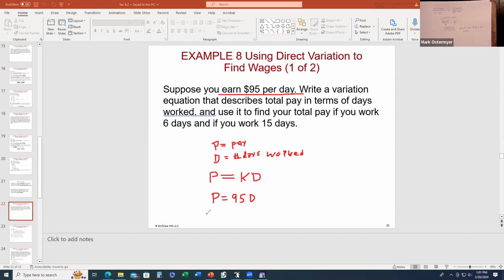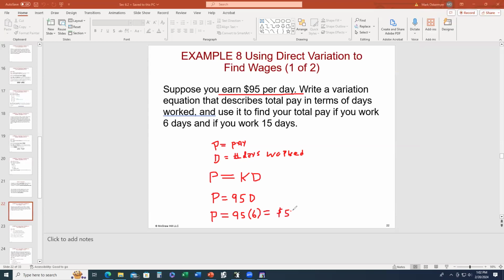Now we can answer these questions. If I work 6 days, what will be my total pay? You got to substitute 6 in place of the variable D here. So $95 per day times 6 days is going to give me what, 570 bucks of pay. Is this making sense here? Okay.